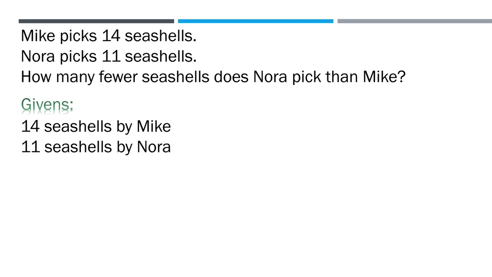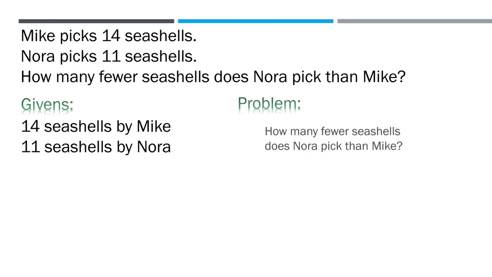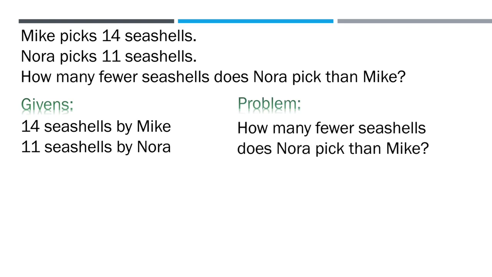Next, we have to identify the problem, the question in the story. The question is, how many fewer seashells does Nora pick than Mike? So, when we are done with it, we can look at the word clues. We can try to find the word clues so that we would know what to do. So, our clue here is fewer than. Okay, so that's our word clue, which would tell us that we have to subtract.